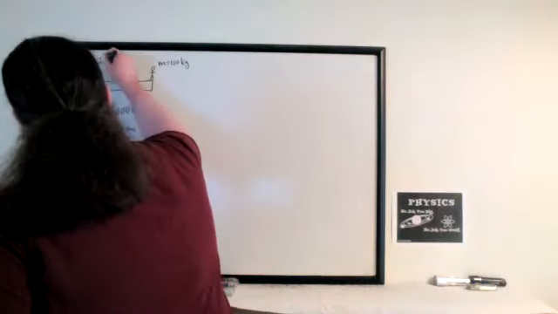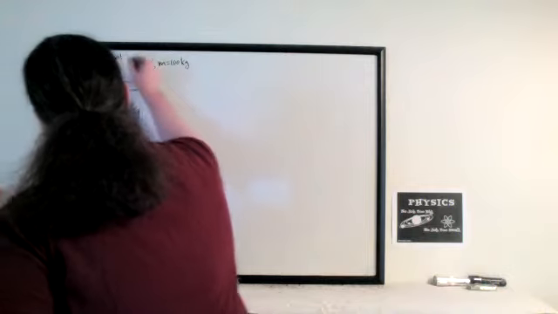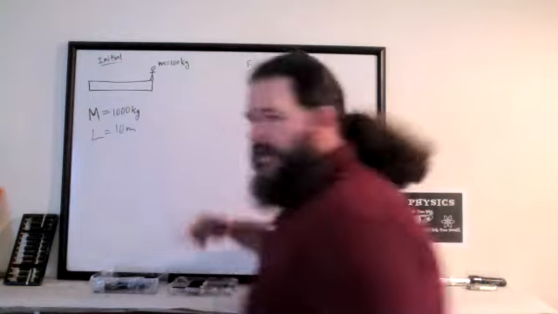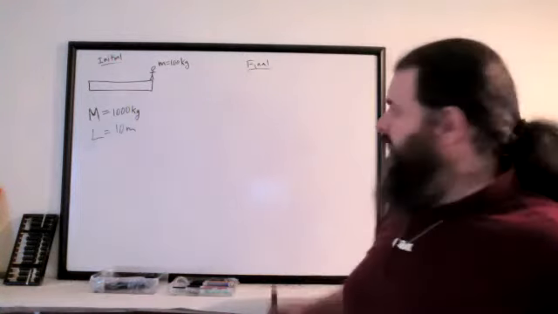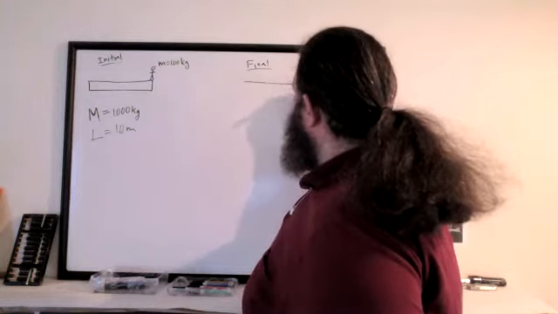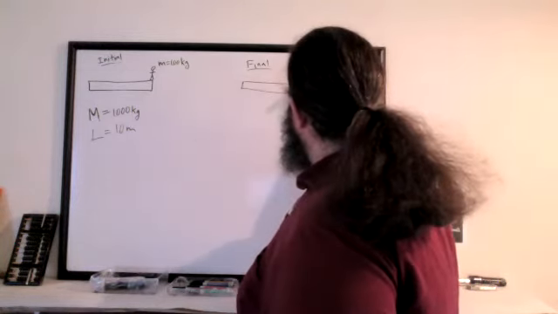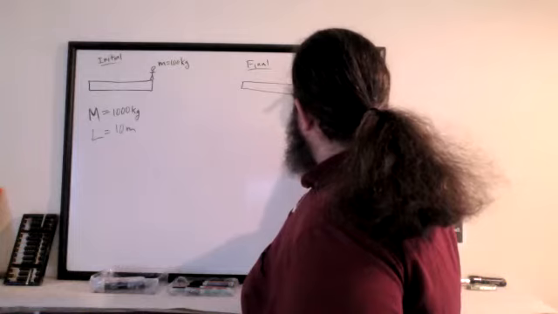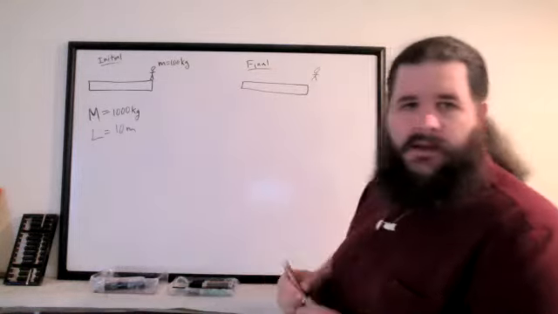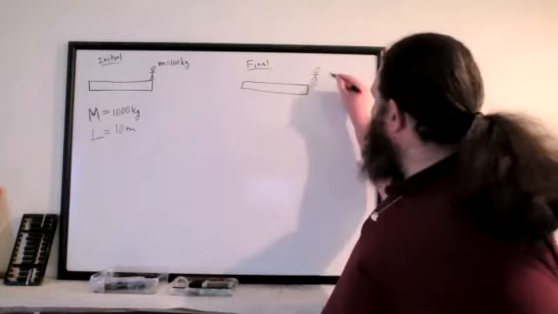So this is the initial situation. The final situation is if the astronaut launches herself off of the beam. The astronaut is now moving at a speed of 3 meters per second.